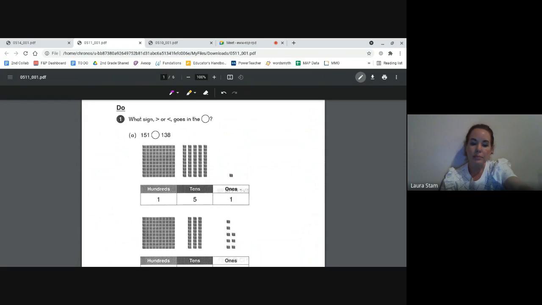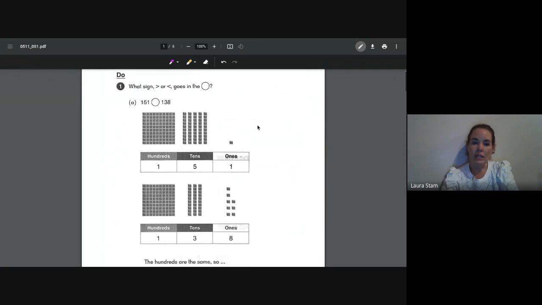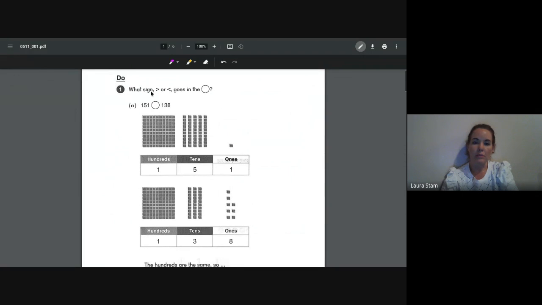All right. So let's look at this first problem, number 1. We're trying to figure out what symbol or sign we're going to put in this circle to compare these two, because we want to compare which one's greater, which one's less, okay? So we have our place value blocks, and we have our 100 block.